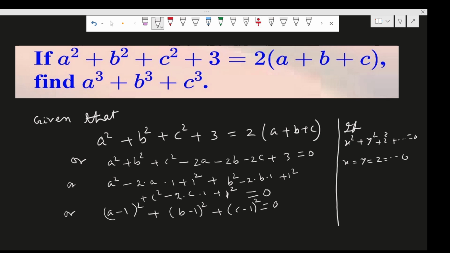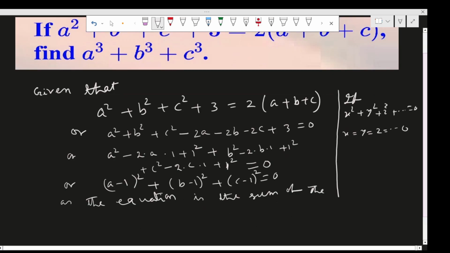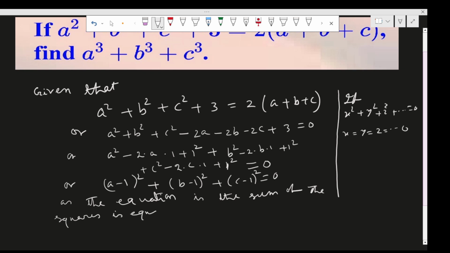Obviously, this is of this form: the sum of the squares of algebraic expressions is equal to 0. As the last equation is a sum of squares equal to 0, the squares are each equal to 0.